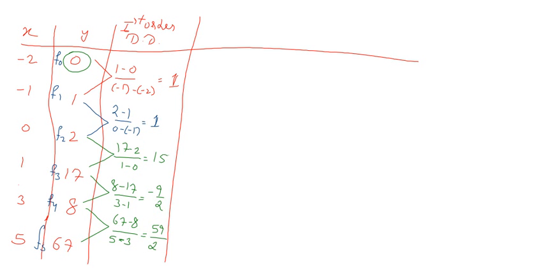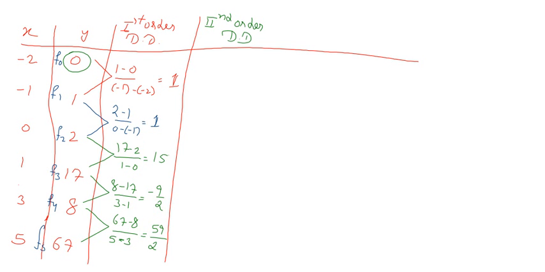Okay. Now next go for second order divided differences. Note that if you have a data set of n plus 1 points, then you are going to have a polynomial of degree at most n. So you are going to get divided differences up to order n, the nth order divided differences.